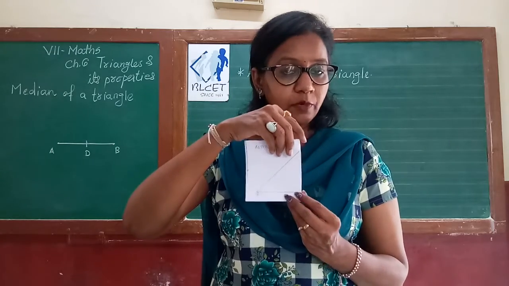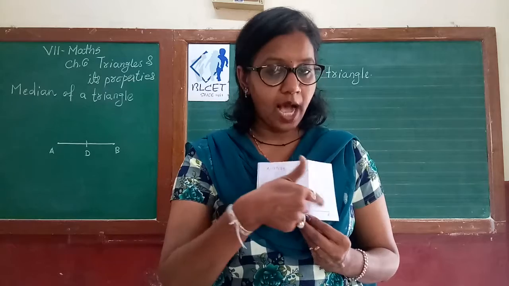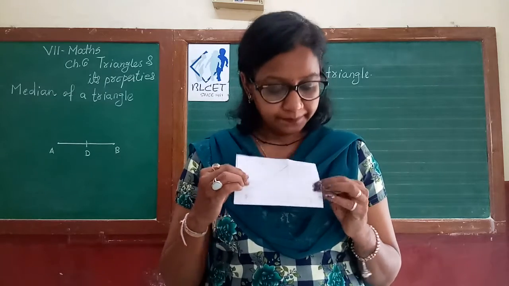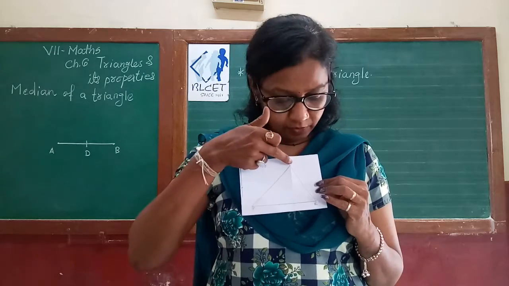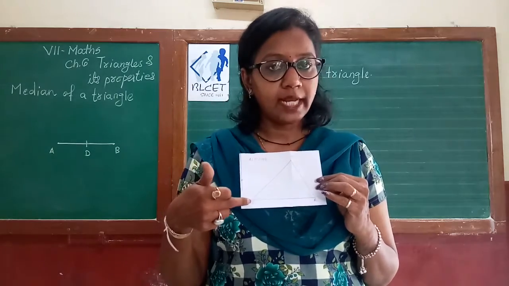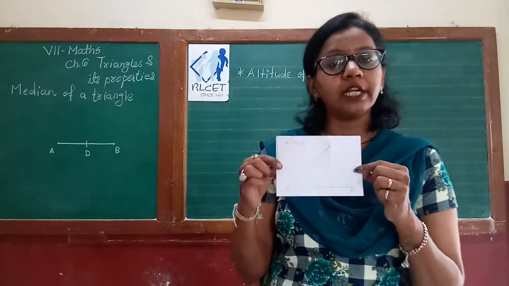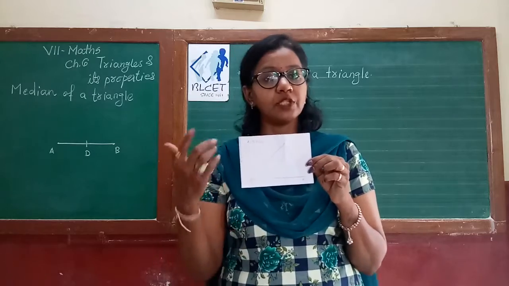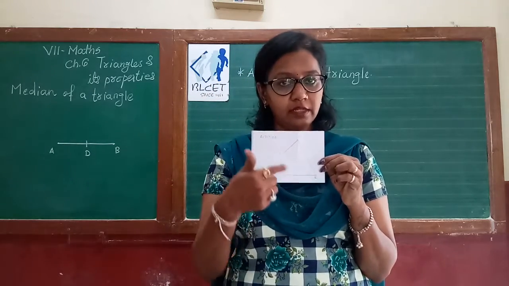I am finding the height of triangle PQR. We know that this line segment is the highest line segment. If you consider PR or PQ, it will not give you the height of that triangle. So by finding the altitude, we are actually finding the height of the given triangle.